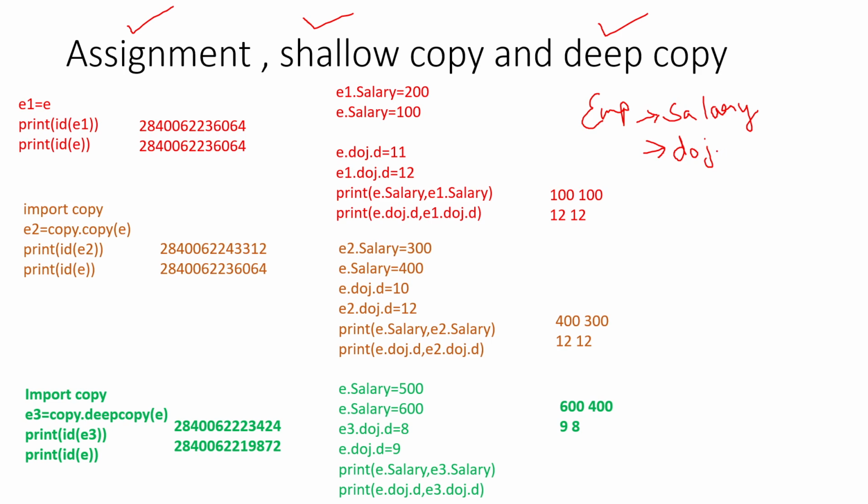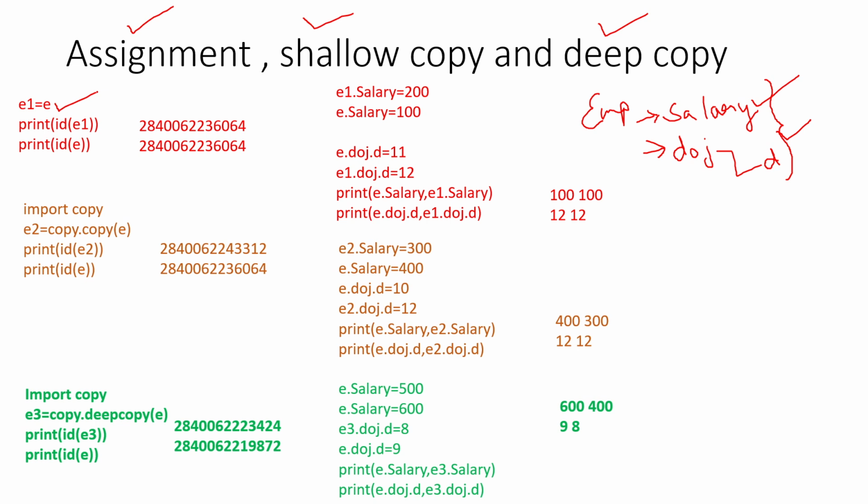The date of joining is again a class which has one member called day. So the class EMP has another class: the object of EMP has another attribute which is of type class date. Just for simplicity, I am going to take only two fields, the salary and the class date of joining. Now we'll see what assignment is, what its effect is, and what these two types of copy are, shallow copy and deep copy.